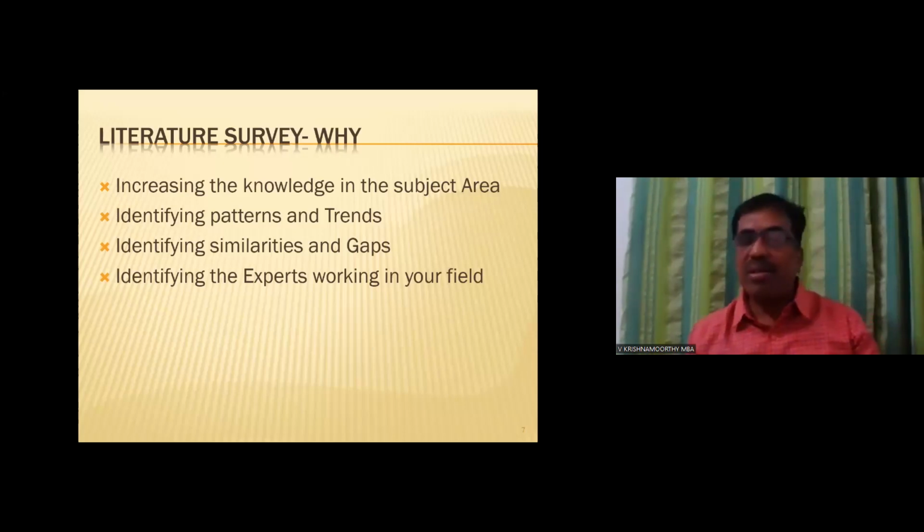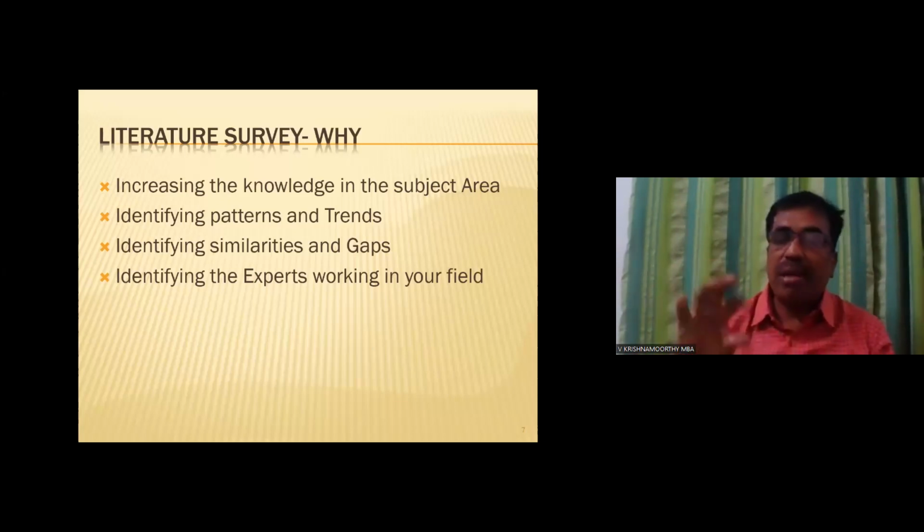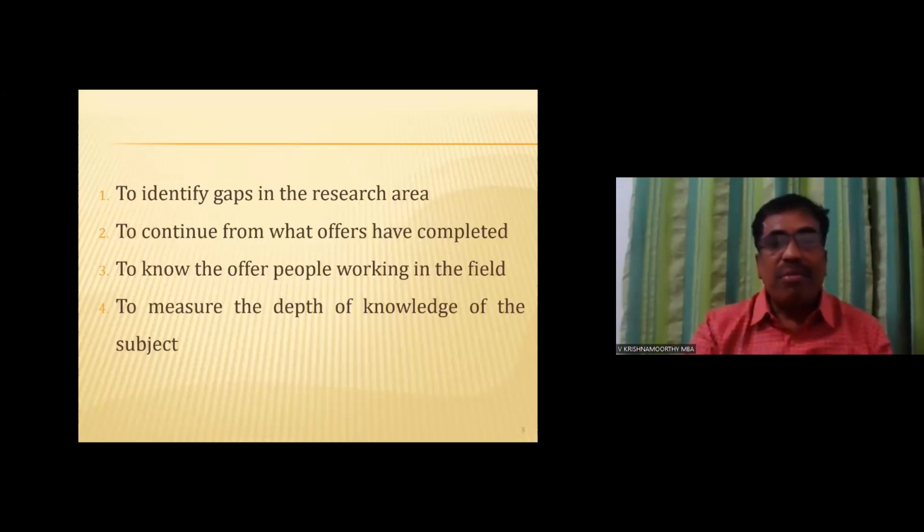Collaborative research means you can do your research, and similarly you can collaborate with other researchers in some other country or state. How can you identify the experts working in your field? Only by way of literature review. By doing a literature review, you can identify that this person has published several research papers in the particular area.